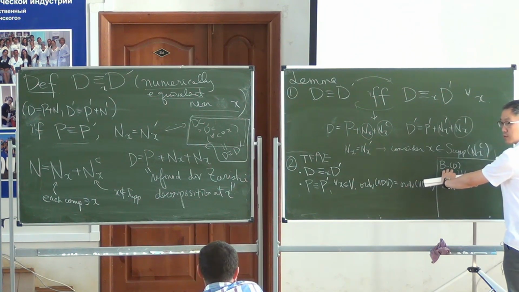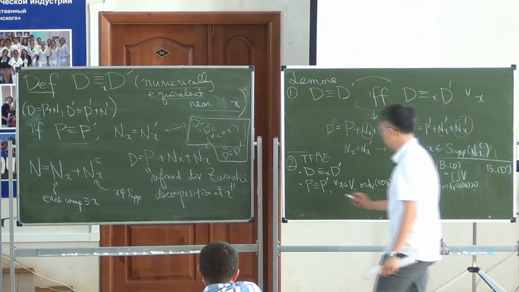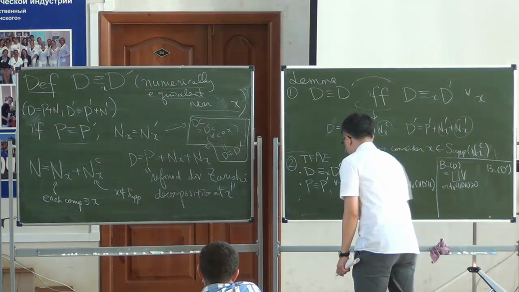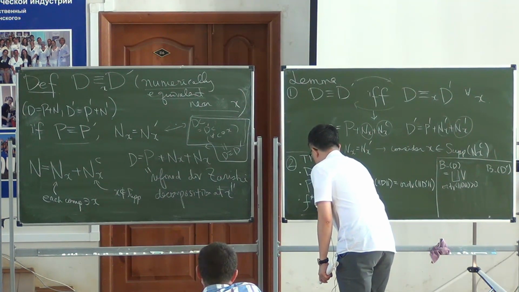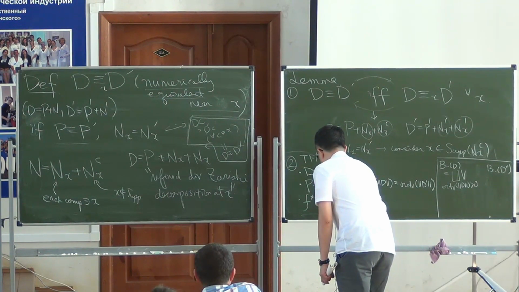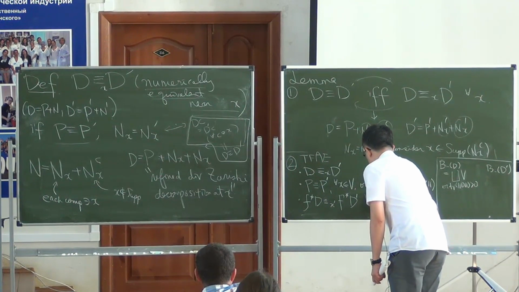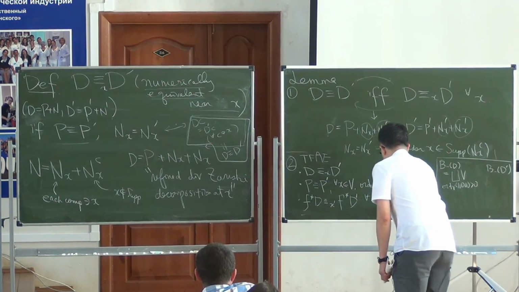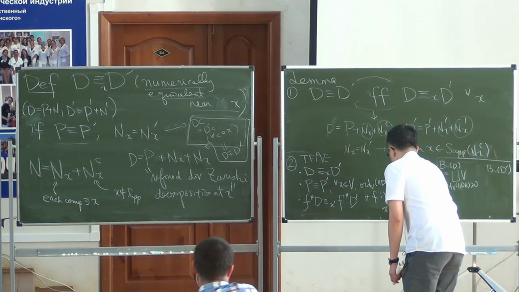The next one, which I just erased, says f^*D is also numerically equivalent to f^*D' for any f from Y to X, with x' mapped to x.